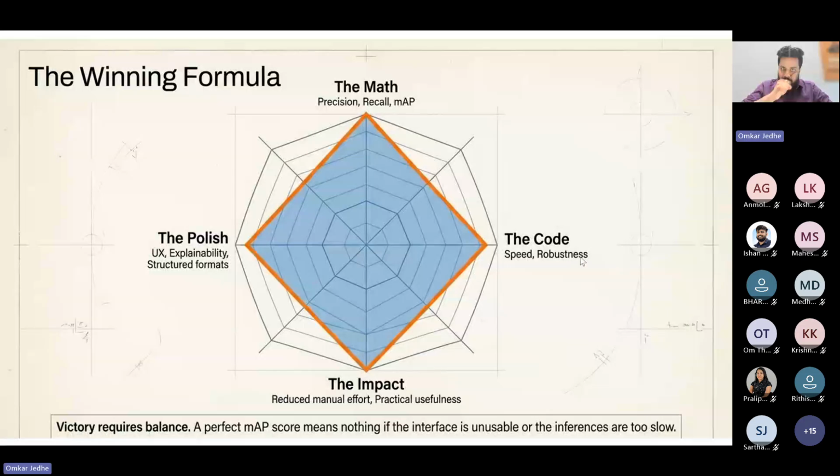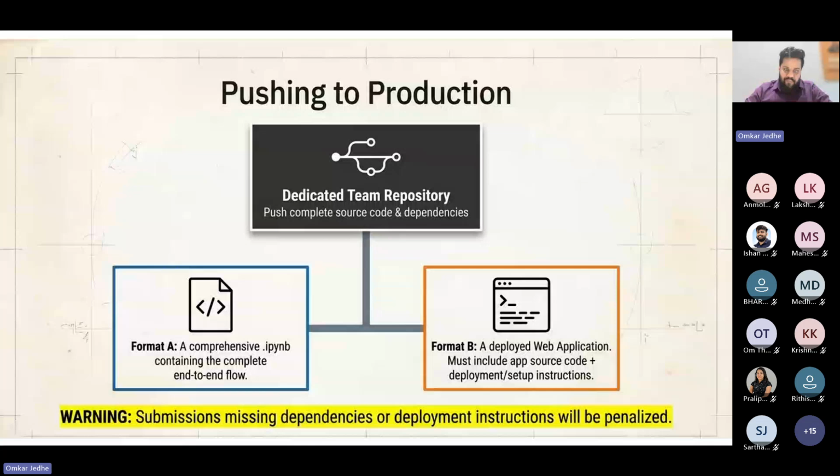So in the Word document, you might have already gone through some of the stuff added over there, but let's understand a little bit about how to push into the product. We have dedicated team repositories created by our team, and you have to push your complete source code and dependencies over there. There are two formats in which you can do it.